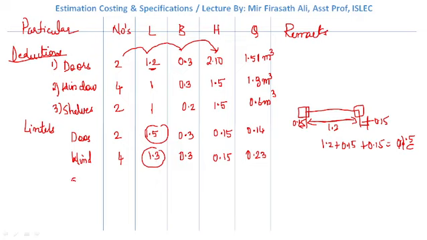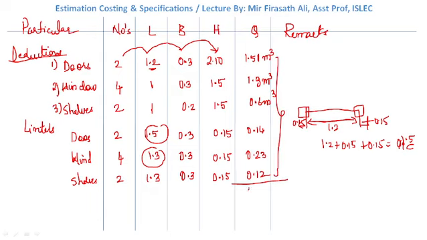Then for shelves, we have 2 shelves, 1.3, 0.3 thickness, height is same. This is 0.12. If we add all these quantities, it is nothing but 4.40 meter cube.